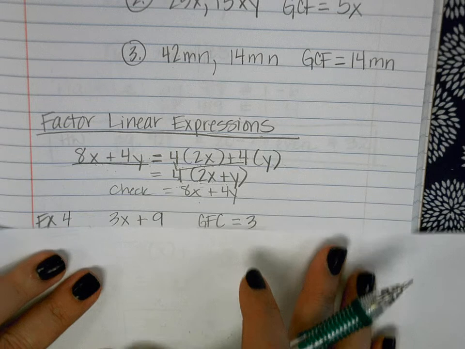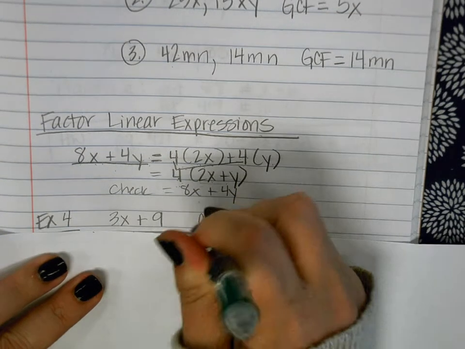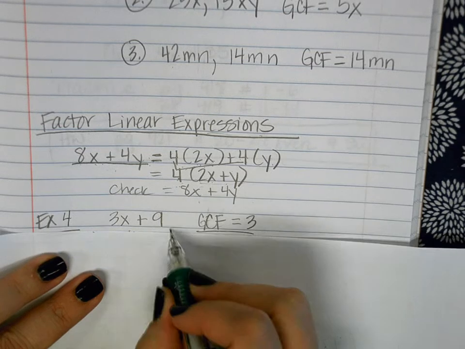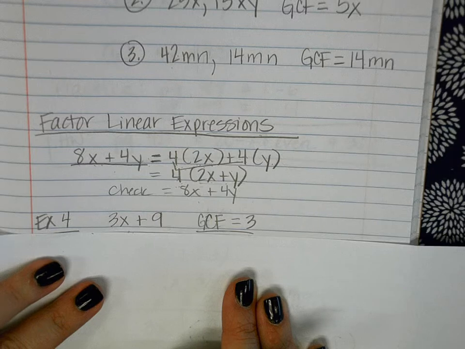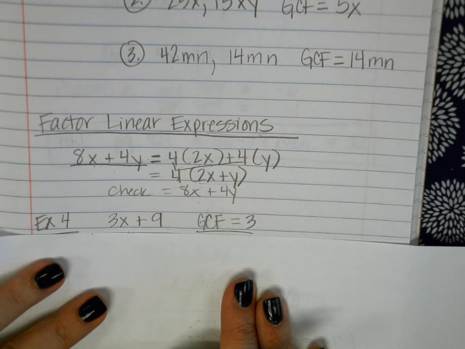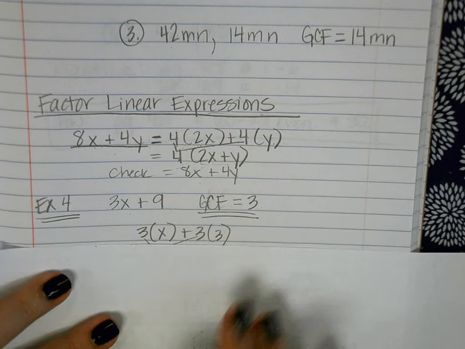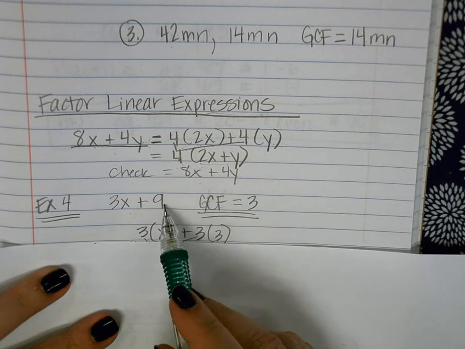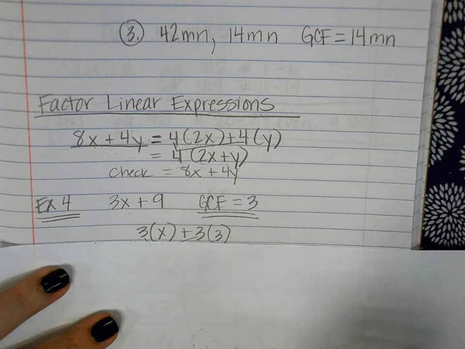Okay, let's try another one. 3x plus 9. I know I can take a 3 out of both, right? So I can rewrite it as 3 times x plus 3 times 3. That would make the 9, right? So basically you're dividing.